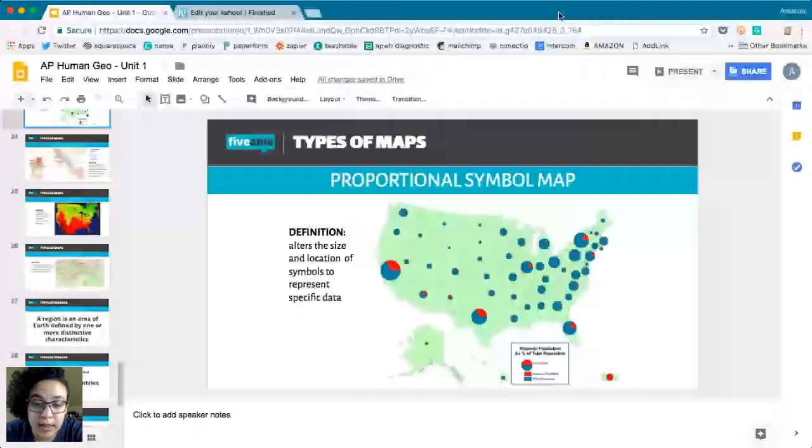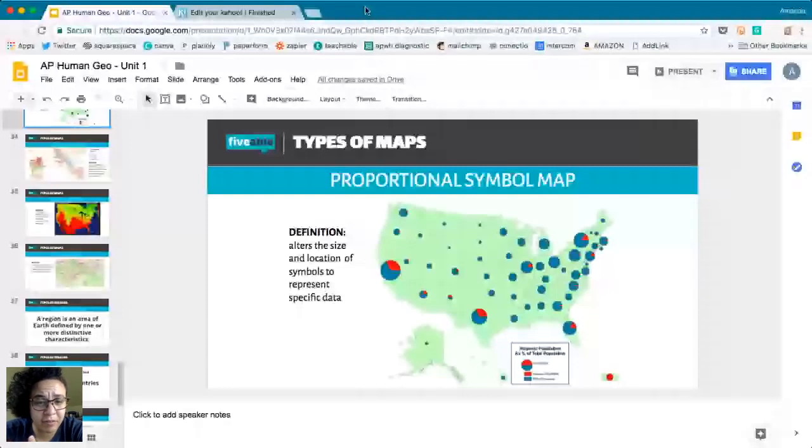You can see that in California and Texas, it's a fairly large percentage of the population. It changes, and it's showing you that based on the size of the little pie chart, right? The bigger the pie chart, the more Hispanic population there is. And so that's a way to look at a couple different pieces of information.